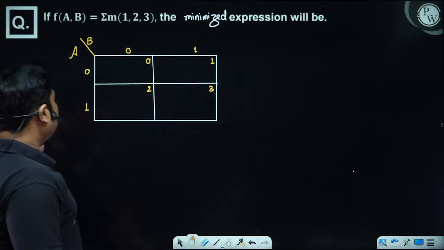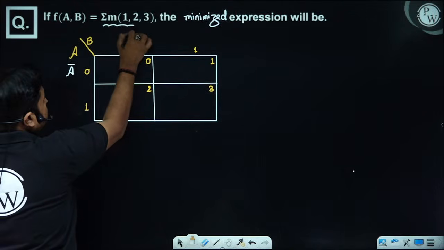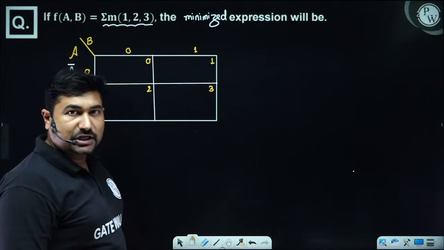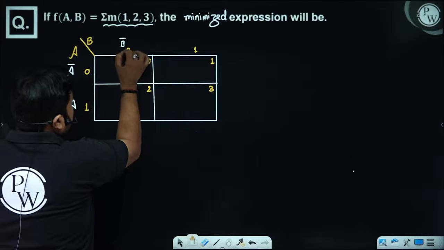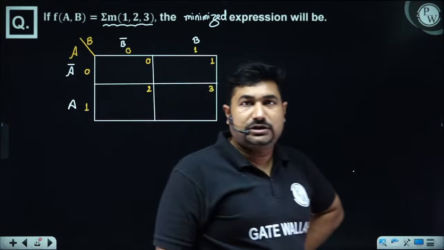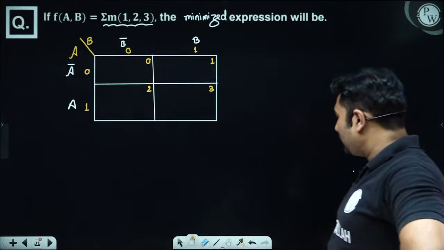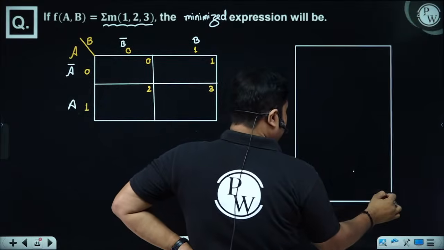Now A bar, because this is in SOP, summation of minterm is a representation of SOP. We have A, A bar, B bar and B. Now please observe, SOP is used for output logic 1.